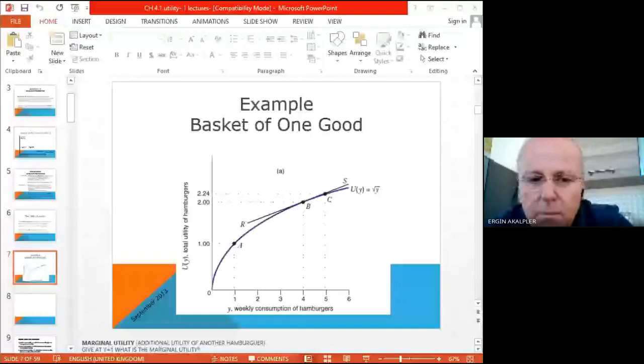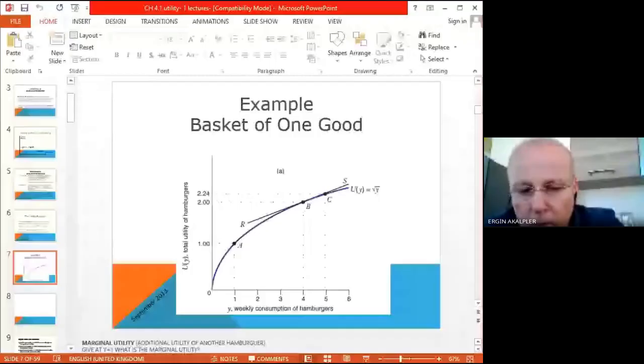Okay. And this is, of course, the problem in the economy. We have to determine the best possible bundle in a given scenario. In this scenario, as I said to you, probably after 6 or 7 units of hamburger, when we consume, it is going to reach the top level, where it is the optimal bundle or optimal consumption.